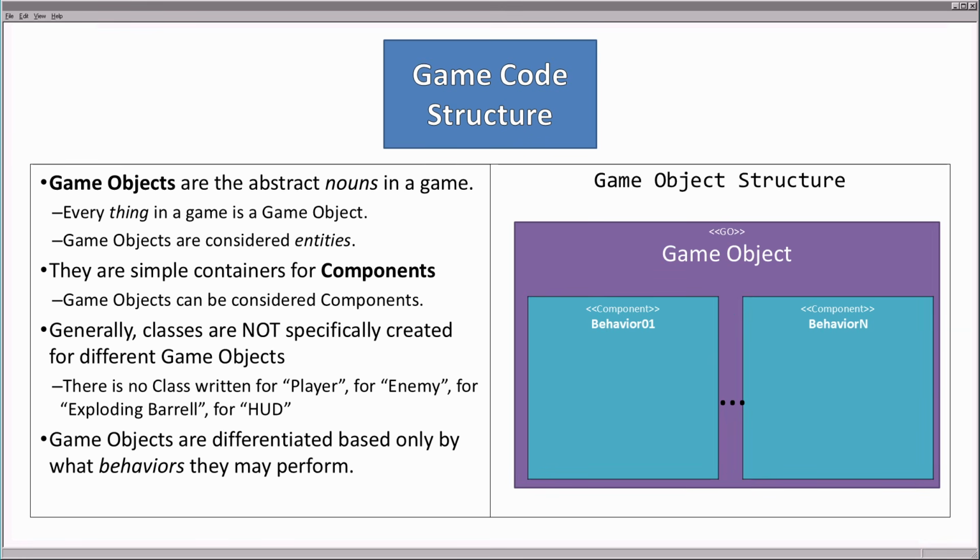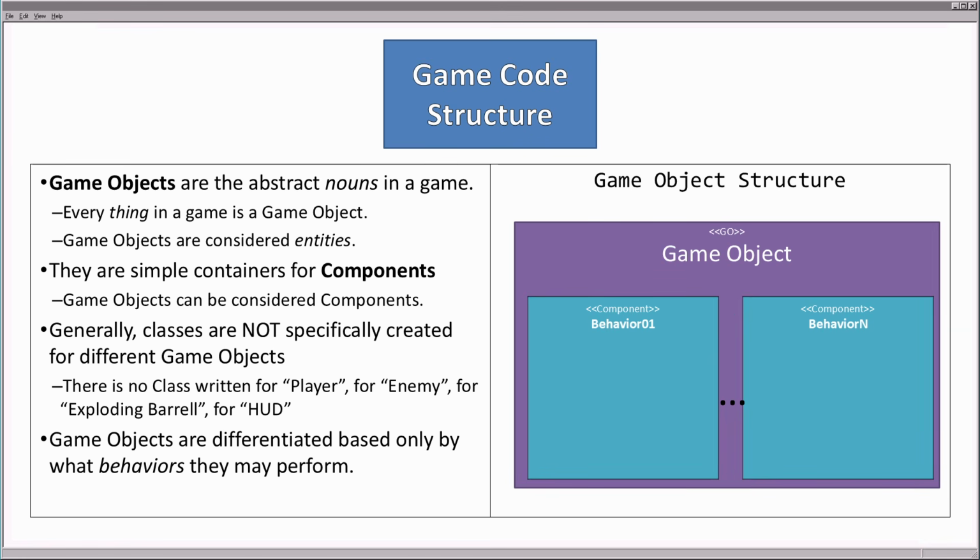They are simple containers for components. In many cases, game objects may be considered components themselves. Generally, classes are not specifically created for different game objects. There is no class written for player, for enemy, for exploding barrel, or for heads-up displays.